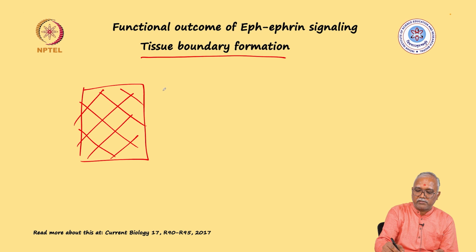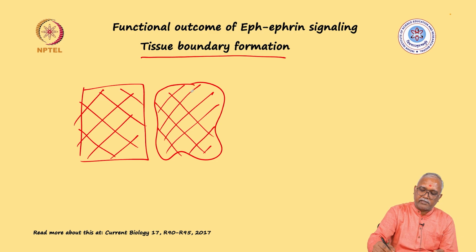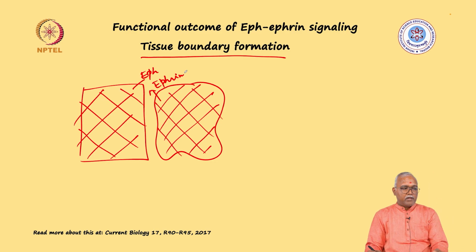The edge which is facing the other type of cells, the cells at the edge will be expressing and engaging in interaction. So if suppose this is the cell which is expressing EPH and this is the cell which is expressing the Ephrin, they will get into the productive engagement and then they will repel.